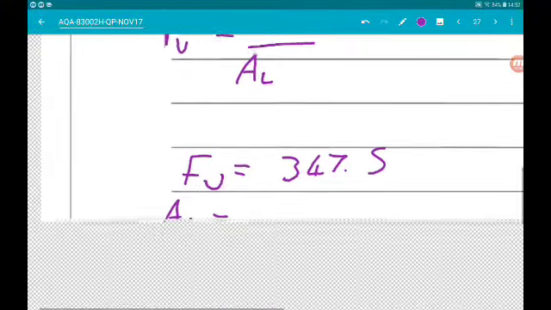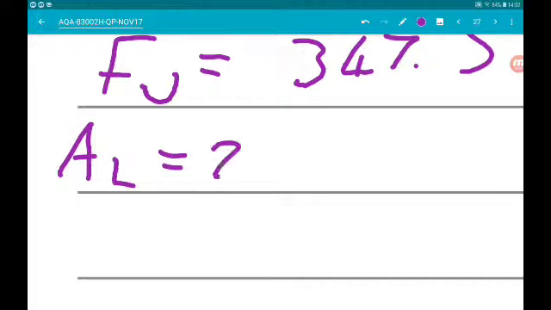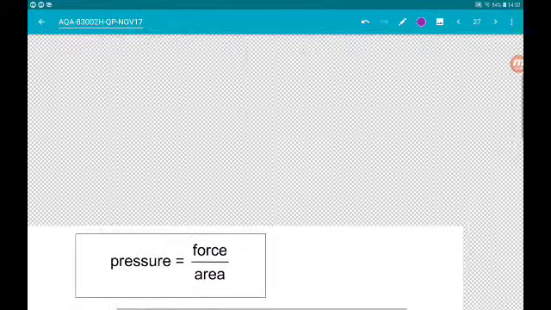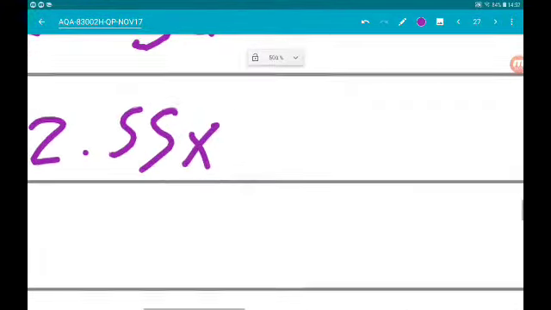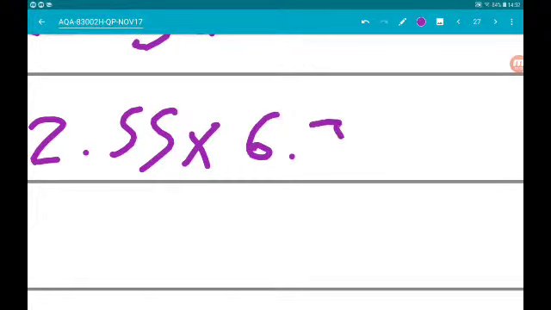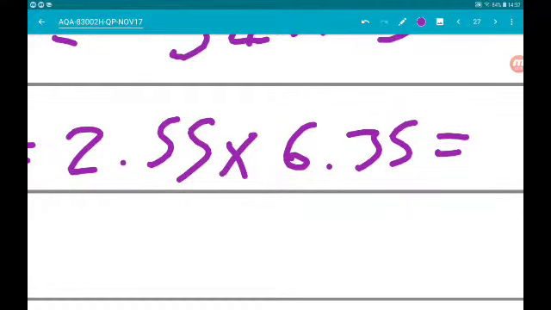So it's going to be 2.55 times, forgotten the other one, 6.35. Now that is going to give us 16.1925.